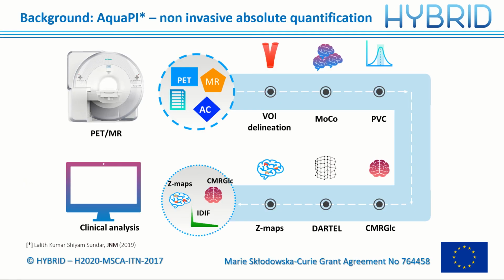So why do we want to do PET-based data-driven motion correction? To answer this question, we need to go to our previous work from our group on non-invasive absolute quantification. Our software, Aqua, utilizes the synergistic structural and functional information from an integrated PET-MR system to produce cerebral metabolic rate of glucose maps. The pipeline is fully automatic and is meant to help clinicians in the diagnosis of epilepsy.